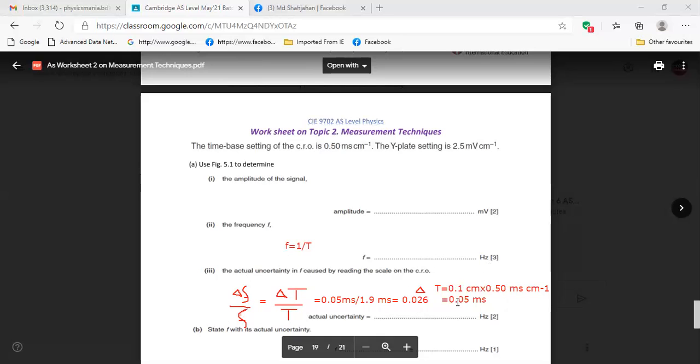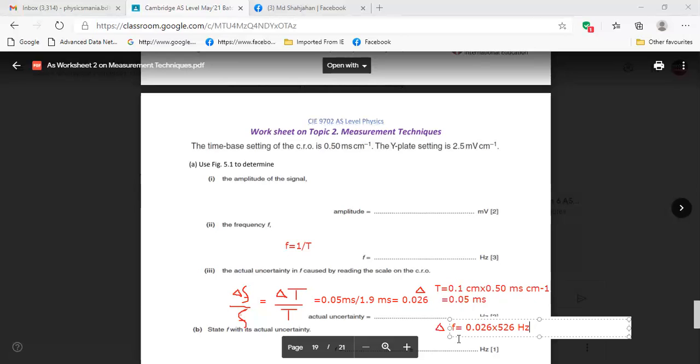So we write here del F equals 0.026 multiplied by the frequency we got, 526 hertz.